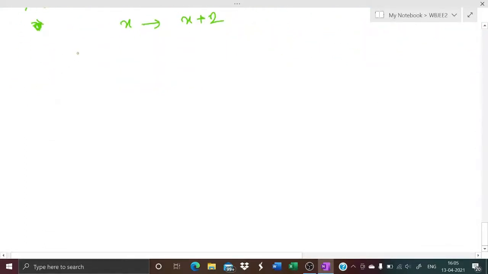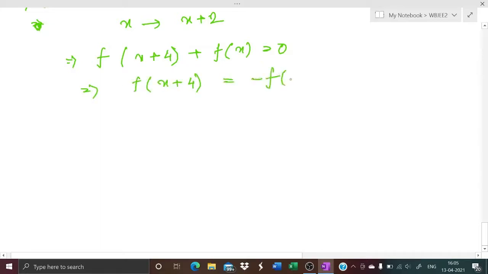So if I put x equals x plus 2, then f of x plus 4 plus f of x equals 0, or f of x plus 4 equals minus f of x.